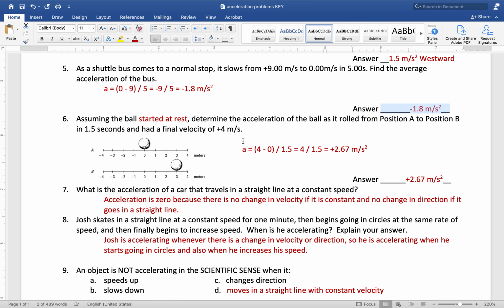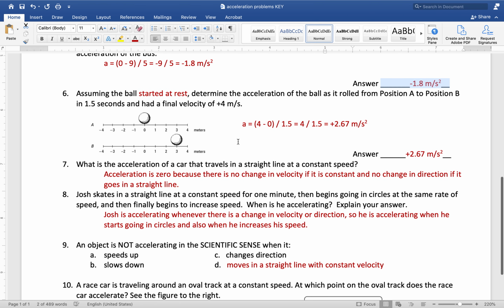All right. Number 6, assuming the ball started at rest, determine the acceleration of the ball as it rolled from position A to position B in 1.5 meters, in 1.5 seconds, and had a final velocity of positive 4 meters per second. And so I made this part, started at rest, in red because that's very important. If it starts at rest, that means it's starting at 0 meters per second.